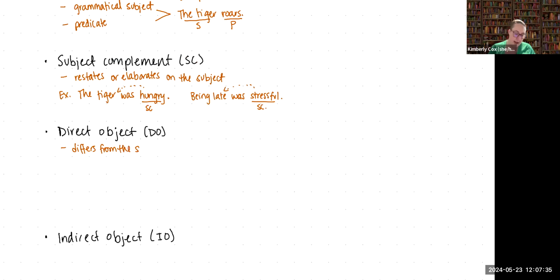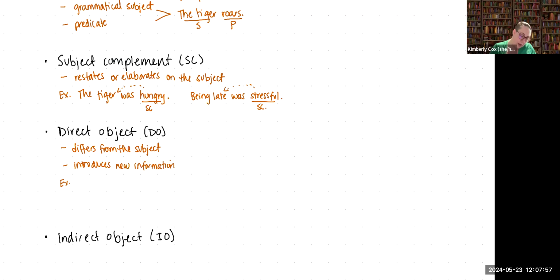Okay. I like to think about it as it introduces new information into a sentence. Okay. And I will give you a couple of examples.